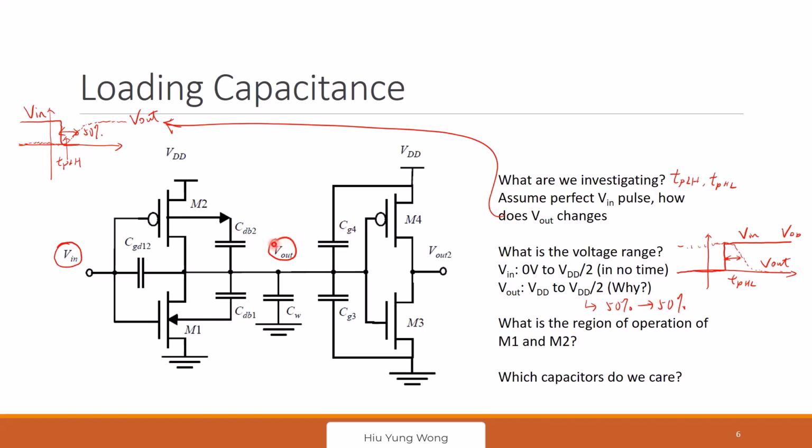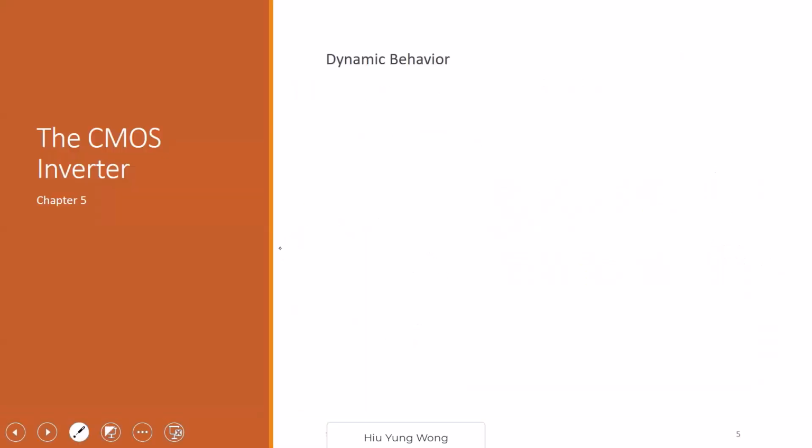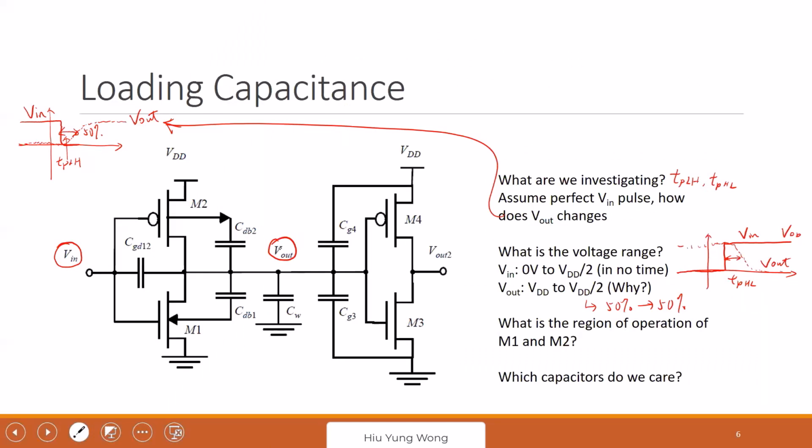This one, we only care when you go from VDD to VDD divided by 2 or from 0 to VDD divided by 2. If that is the case, what is the region of operation of M1 and M2 when we are calculating the delay? Right? Let's think about that.